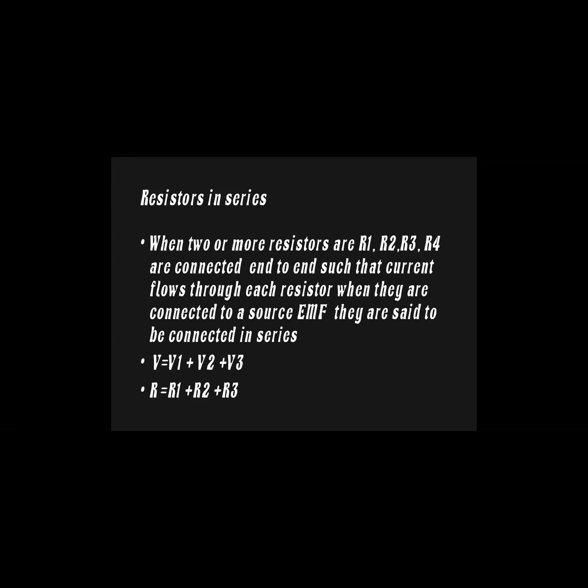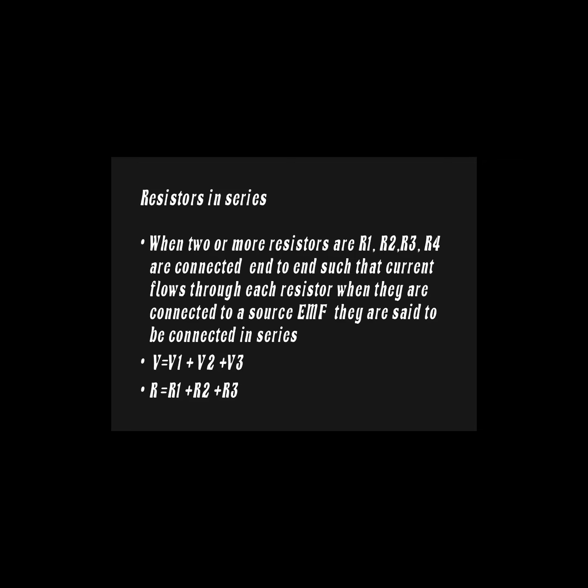If we want 2 amperes, we're going to connect them in parallel because we need the current to add up. If we're connecting in parallel, it means we're connecting positive to positive, negative to negative. But if we're connecting in series, we're connecting positive to negative, negative to positive.